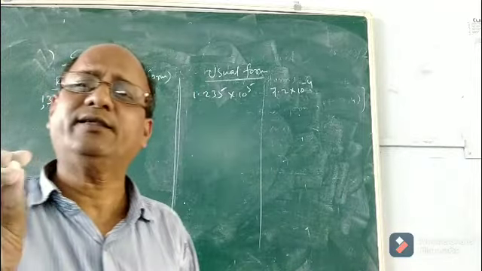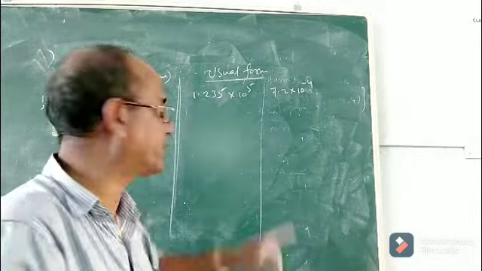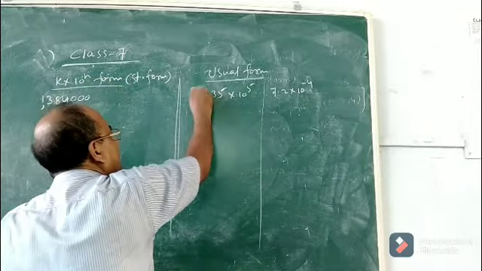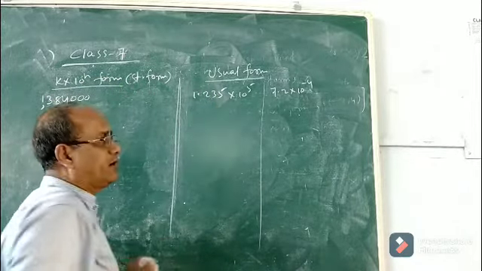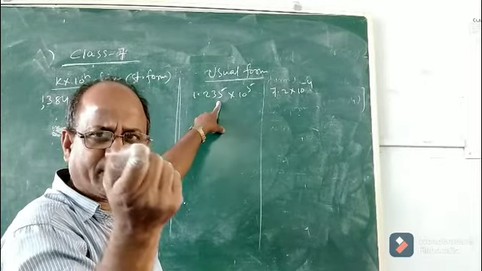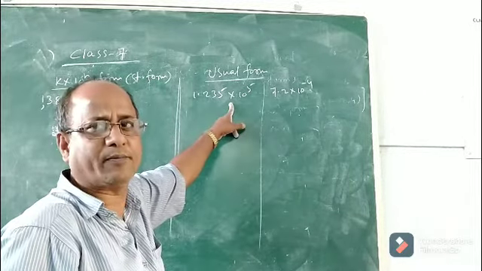Okay. So what is usual form? To understand, let us discuss one example. Suppose you are given a number 1.235 into 10 to the power 5. If you look at this minutely, you will find that it is clearly in k into 10 to the power n form.